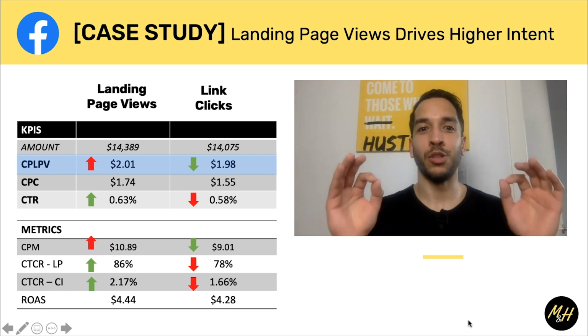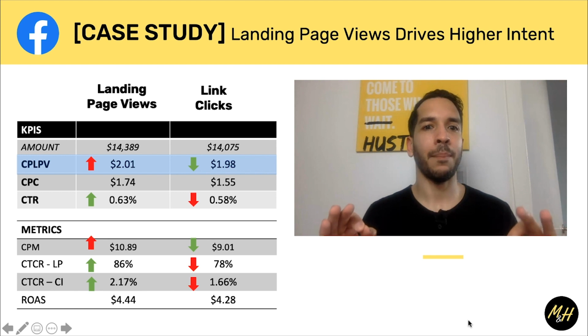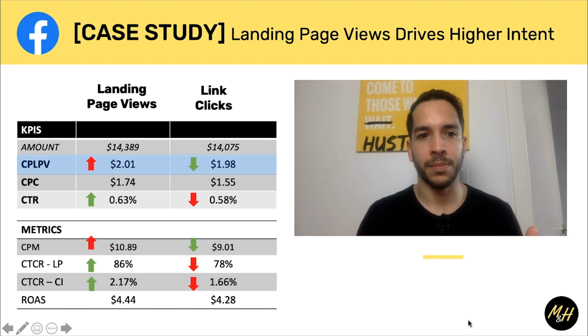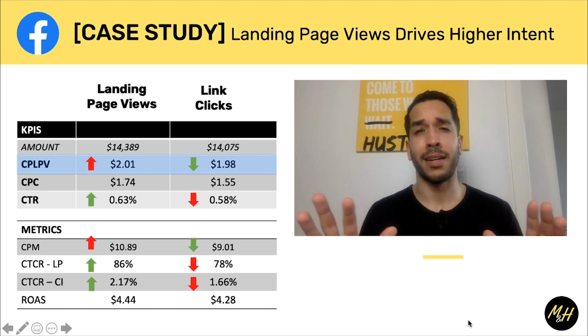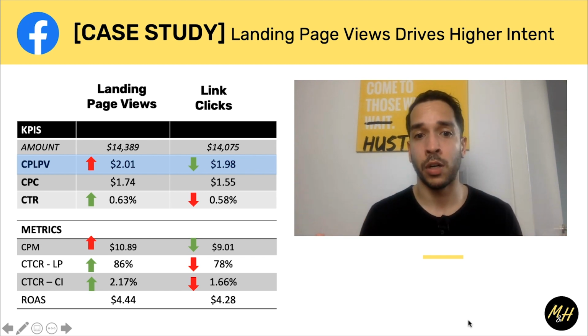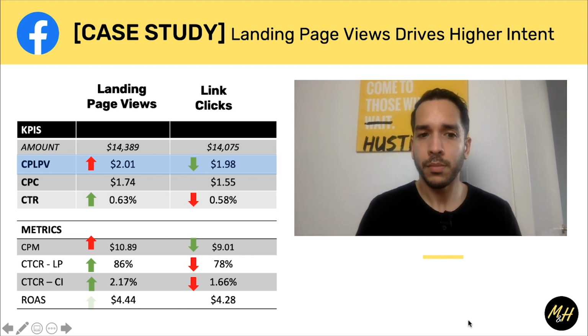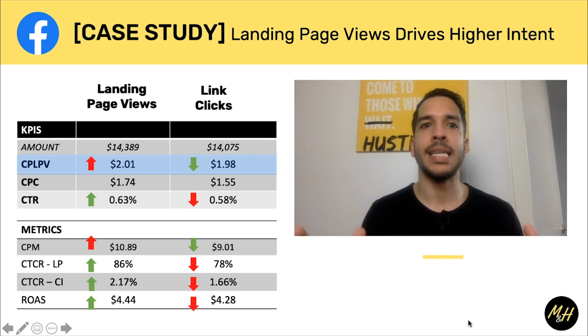Although it was cheaper for the link click campaign to get somebody onto the landing page, they didn't have the same level of intention. And even though this is not a campaign to get people to buy or to convert, it's still important to know. And then when we looked at things from a ROAS perspective, we saw that the landing page view had a higher ROAS and the link click had a lower ROAS. So net, landing page views drives a higher intent.